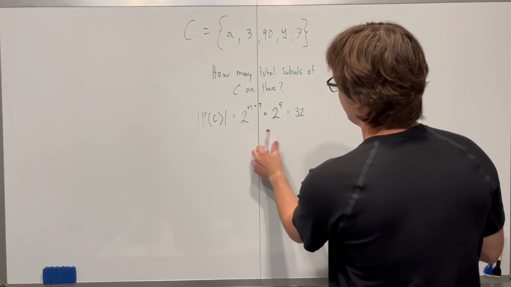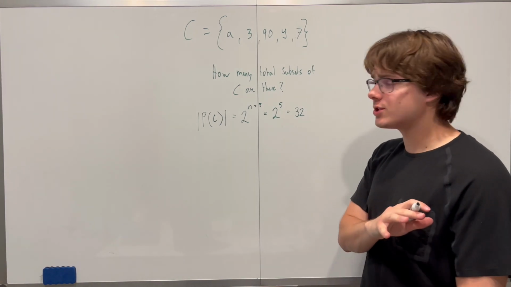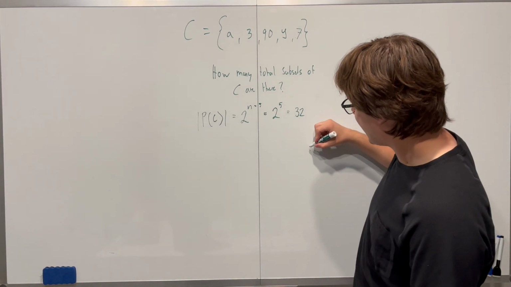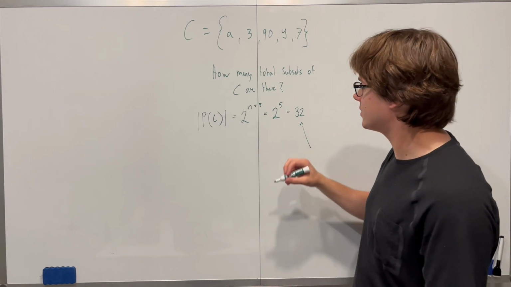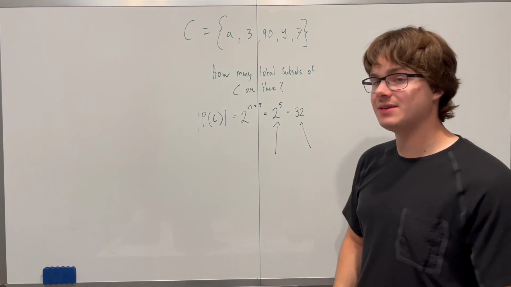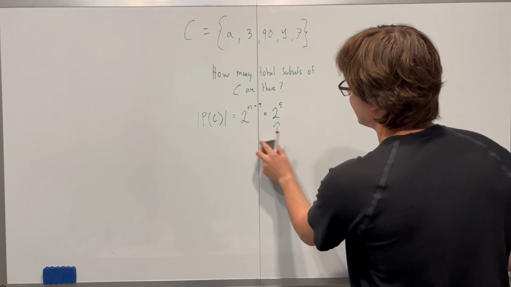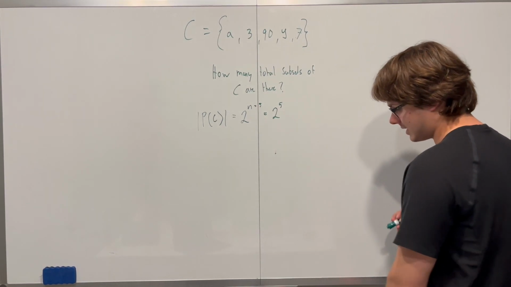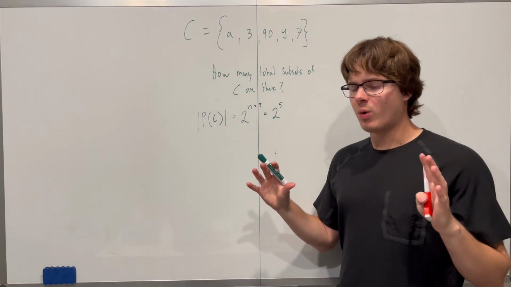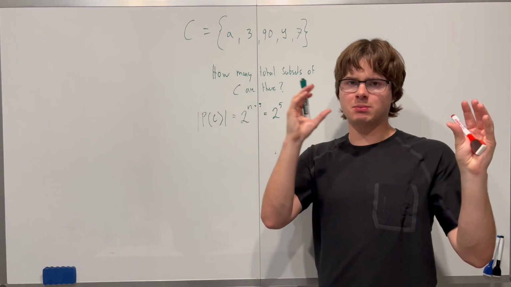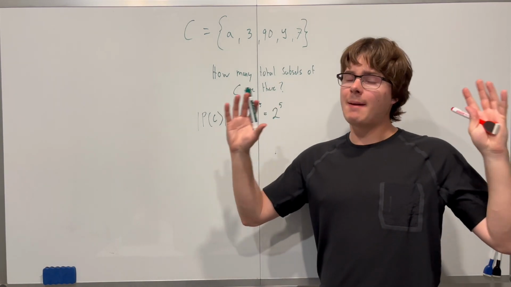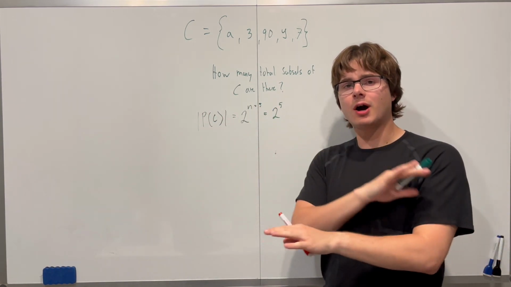So in our counting problems, I'm not going to care if we get to a number at the end. I am happy with just leaving the answer as 2 to the power of 5, or whatever the answer ends up being. The point is that we get an expression, whether it's a single number or something like this number plus this number minus that number. I'm not going to care to compute the sum or the product of it.